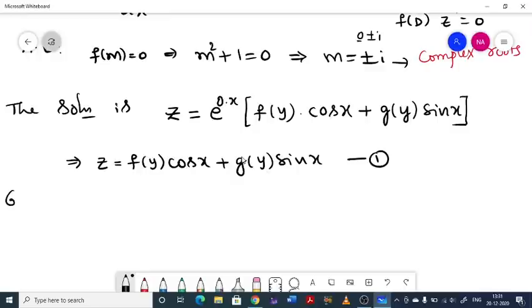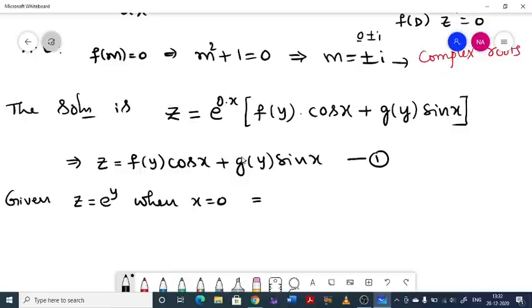So given, when x equal to 0, it is given that z equal to e power y when x equal to 0.